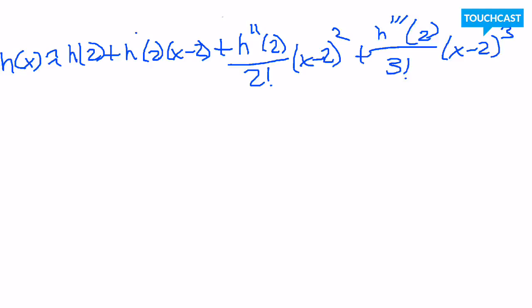So it's going to be h of 2 plus h prime of 2 times x minus 2 plus h double prime of 2 over 2 factorial times x minus 2 squared plus h triple prime of 2 over 3 factorial times x minus 2 cubed.